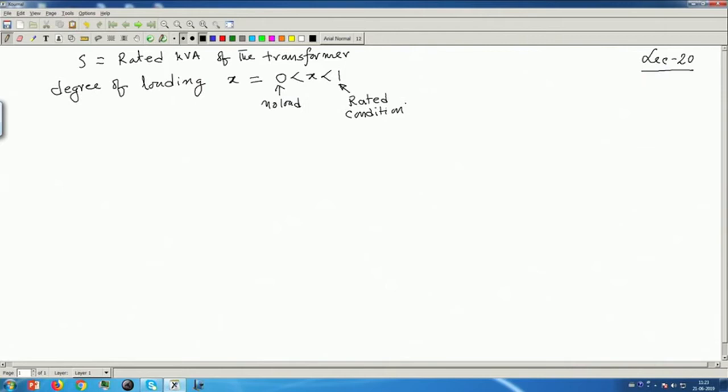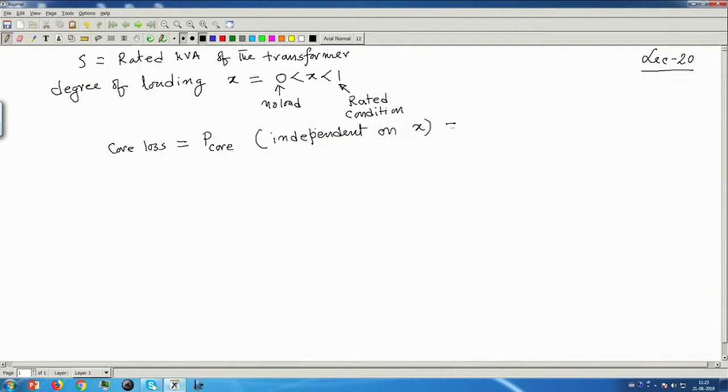Okay. Then I explained that there are two main losses in a transformer. One is the core loss, which I denoted by P core, and this is independent of x, the degree of loading.